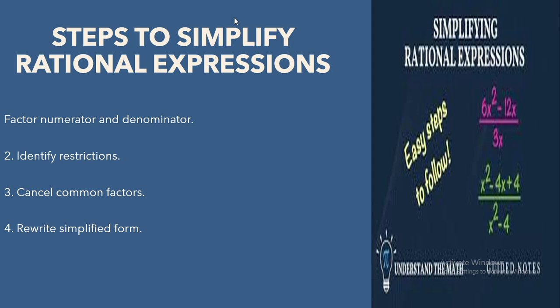Step 3. Cancel any common factor that appears in both the numerator and the denominator. Step 4. Rewrite the simplified form. Following these steps ensures the answer is correctly expressed in its simplest form.